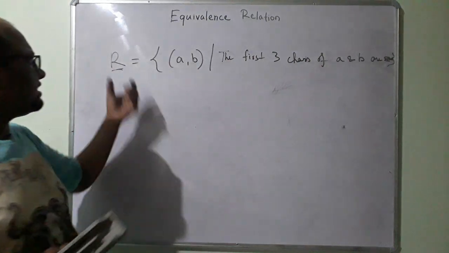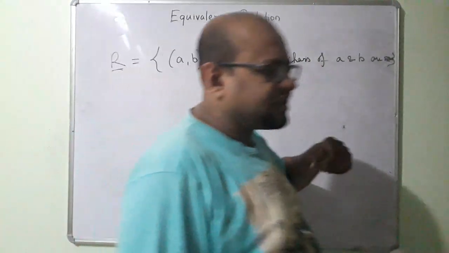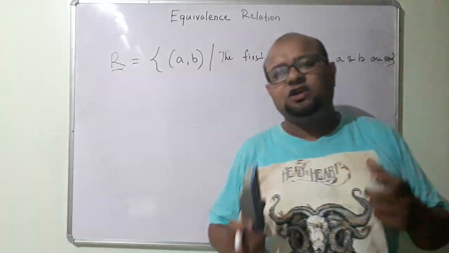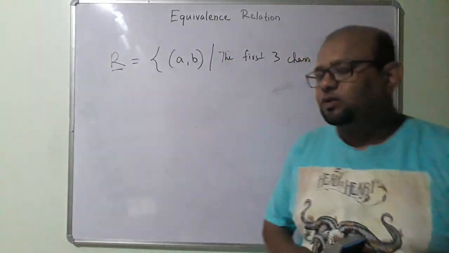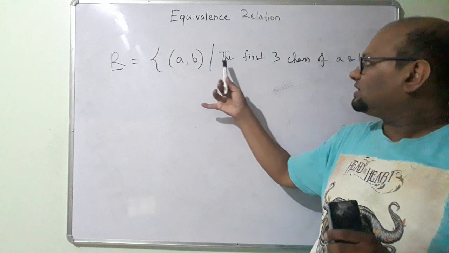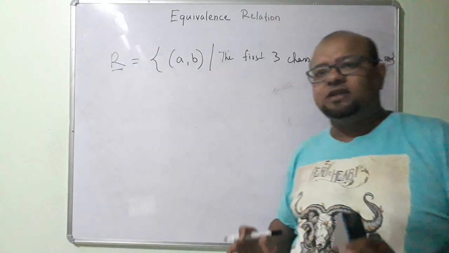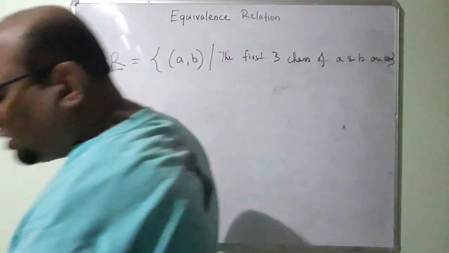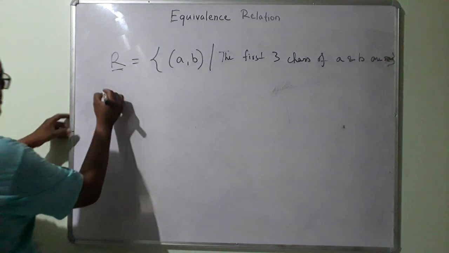This relation R is on the set of all bit strings of length equal to or greater than 3, like we were doing. So what will be in the relation? All those pairs (A, B) such that the first 3 characters of A and B are the same. So how many equivalence classes might be there?